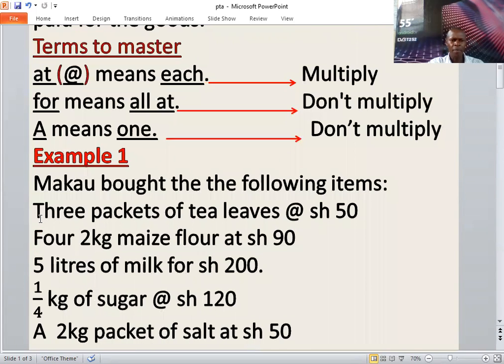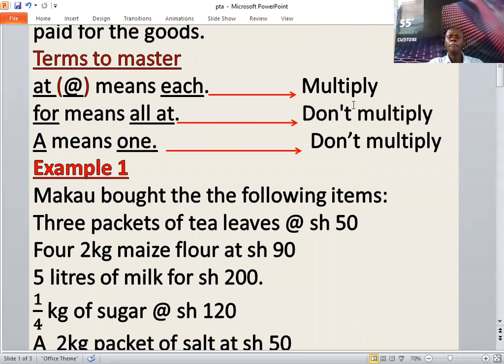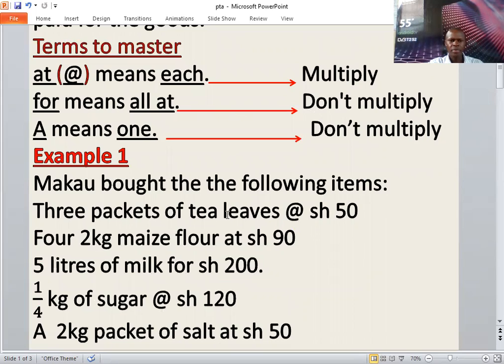Let's come back here. 3 packets of tea leaves at 50 shillings. It is good for you, learner, to understand that whenever you see the symbol at, you are supposed to multiply. What are we multiplying?